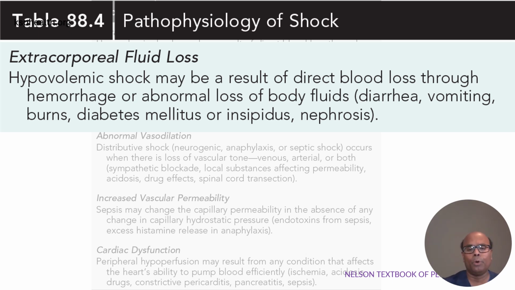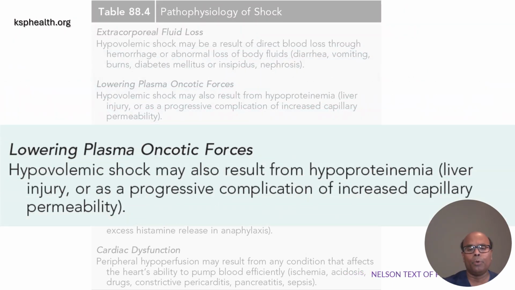Number 2 is lower plasma oncotic forces. Loss of oncotic pressure causes hypovolemic shock, seen in patients with liver injury and progressive complication of increased capillary permeability as seen in patients with septic shock.